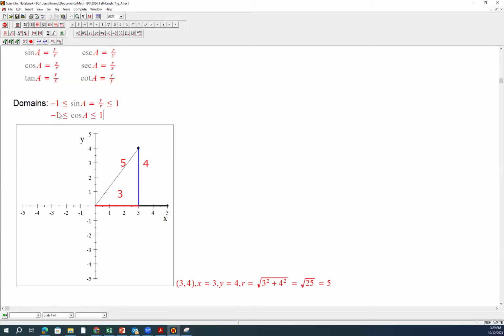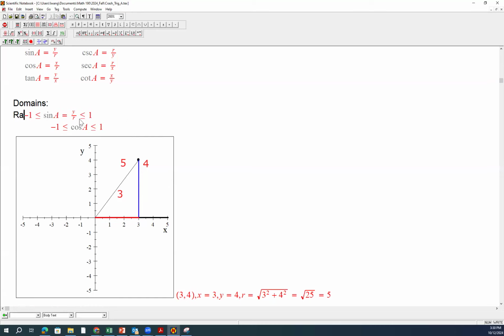These are the range of sine and cosine. How about their domain? Right, so this is the range. I hope I didn't say anything wrong. So the range is between -1 and 1, which is the ratio. How about the domains? Domains is about the angles, right?